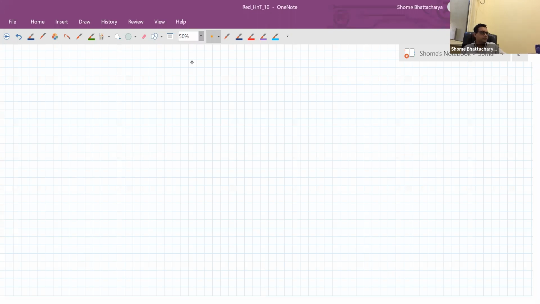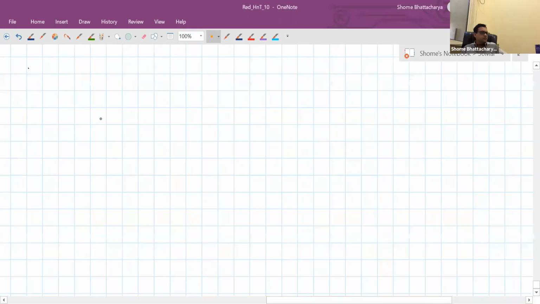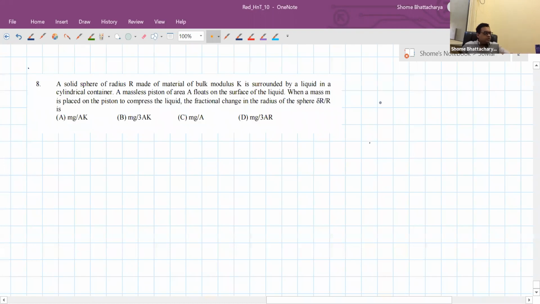Okay, so we have here a solid sphere of radius r made of bulk modulus. Now just leave out the question related to bulk modulus. Okay, we will read about this later. Bulk modulus of elasticity is basically the change in pressure upon the fractional change in volume. But for right now you leave out this.